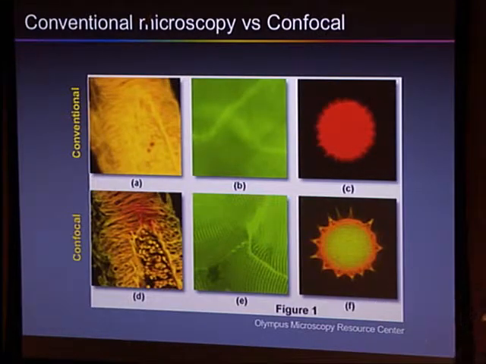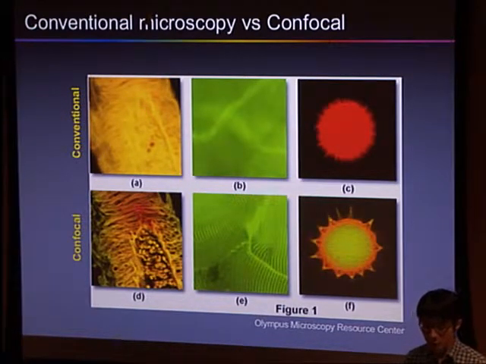In reality, compared to a conventional light microscope, where you don't see much detail when the tissue is thick and has a lot of scattering above and beyond your focal plane, in a confocal microscope you can see the subcellular or cellular details with clarity. That's what is unique about the confocal microscope.